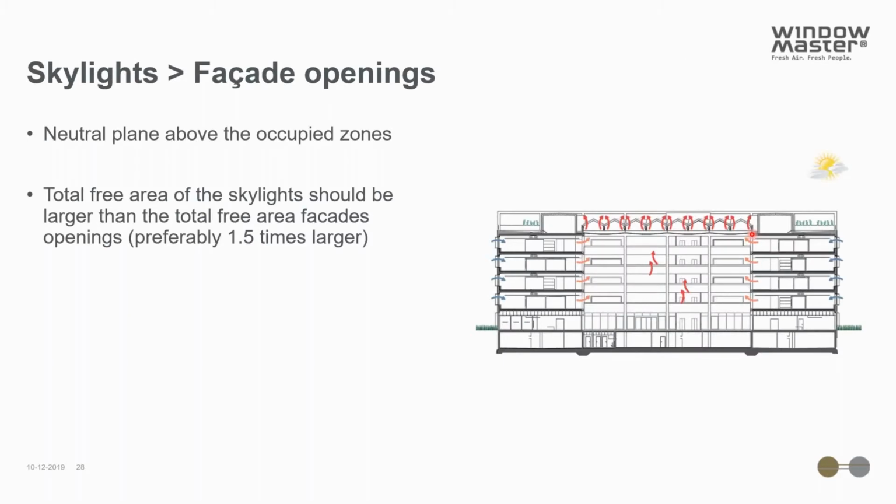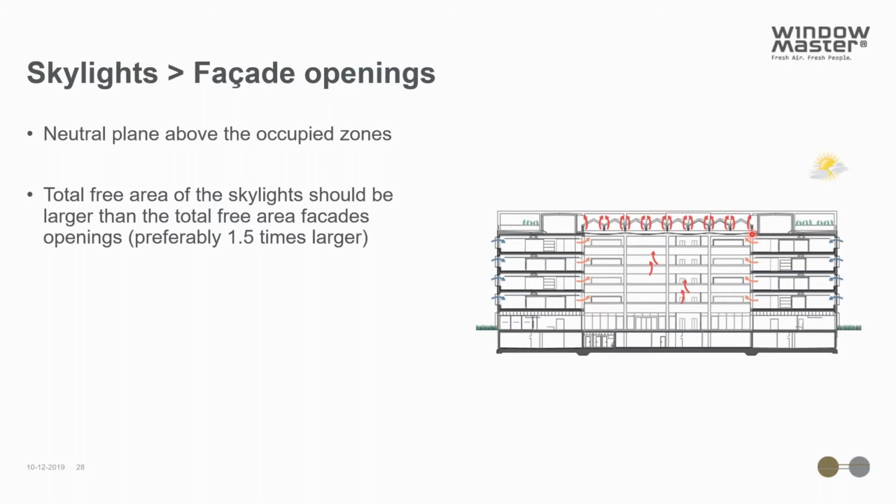What we need to avoid that we have backflow, of course, is that we want the neutral plane to be above the occupied zones. To do this, we want the total free area of the skylights in the top of the atrium to be larger than the total free area in the facades.